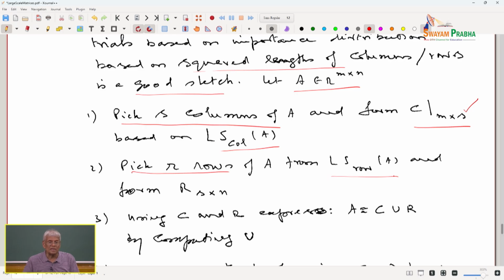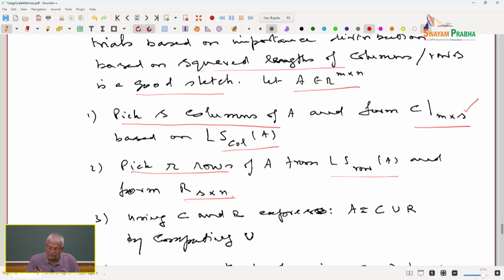So, LS row means what? I am going to define the distribution based on the energy in the rows. LS column means what? I am going to pick the columns based on the energy in the columns, and I am going to define a matrix R, R by N. Now, please understand, C consists of the columns of A, R consists of the rows of A. So, I am selecting the rows and columns of A itself.